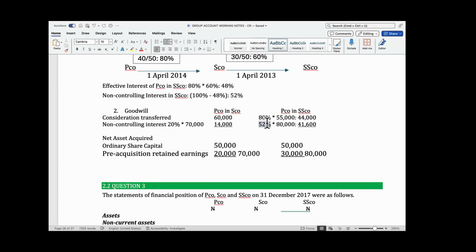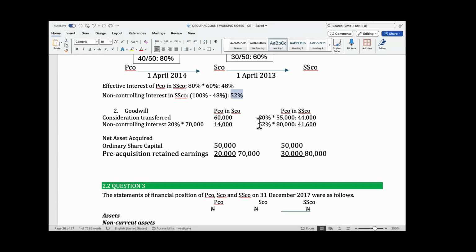We cannot do 20% for SSCO. NCI has 52% in SSCO. And this 52%, I already taught you how to determine it, which is just the balancing figure, the easier way. There's a longer route, which comprises direct and indirect and all of that. It's not necessary. Don't do that in the exam.